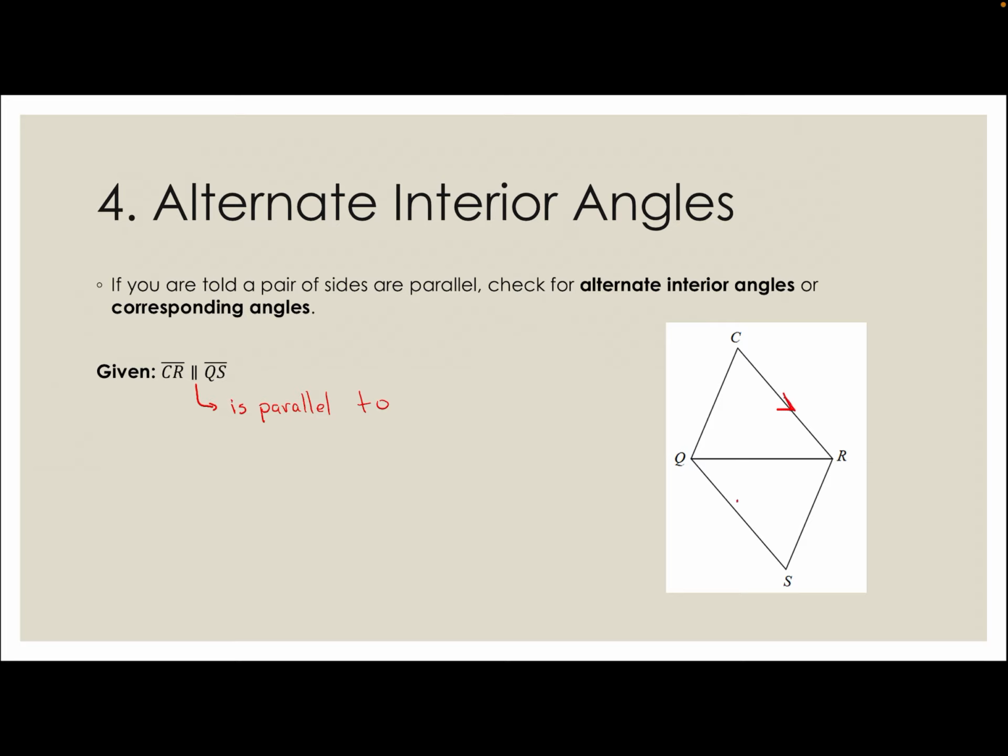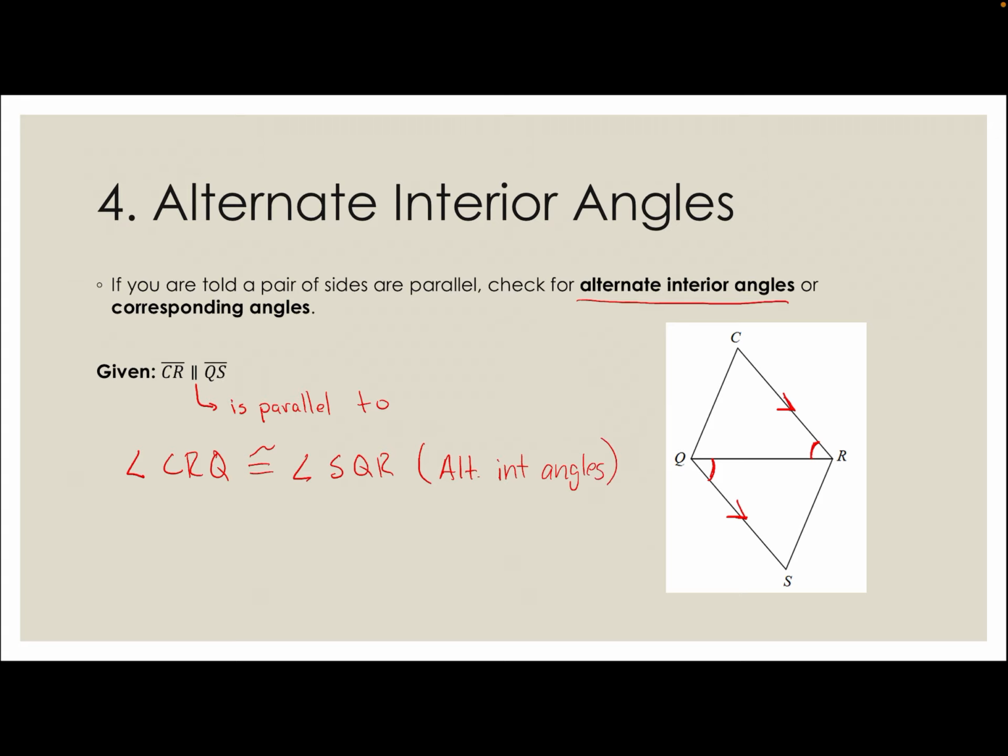And so now we have our parallel lines. That means that QR is a transversal. So we know that angle CRQ and angle SQR are congruent because they are alternate interior angles. So angle CRQ is congruent to angle SQR. The reason is alternate interior angles. That's how we know.